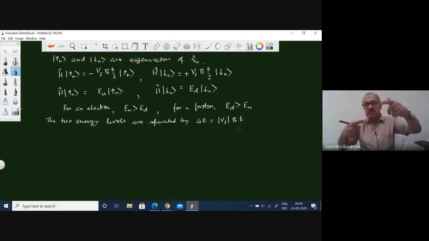One side is h cross by 2, the other h cross by 2, they add up, so it is h cross. We call it h cross omega, where this omega is called the Larmor frequency.